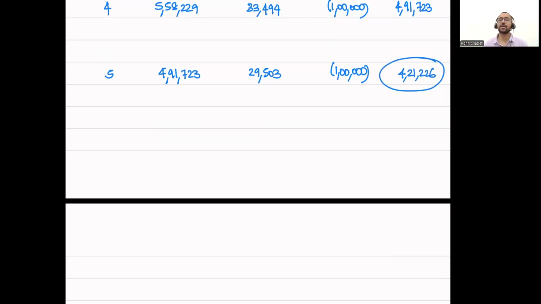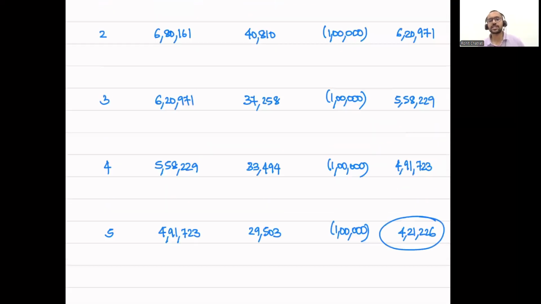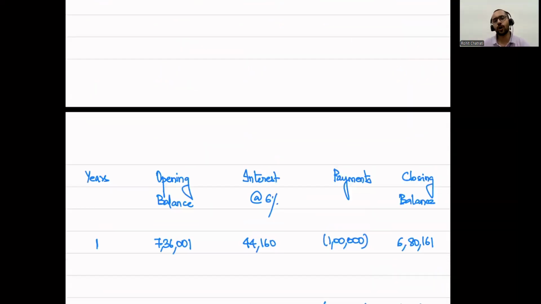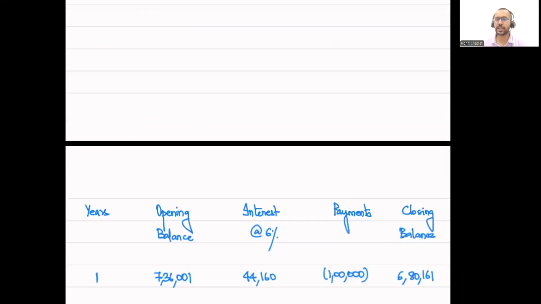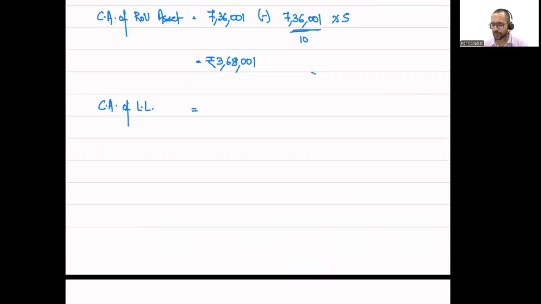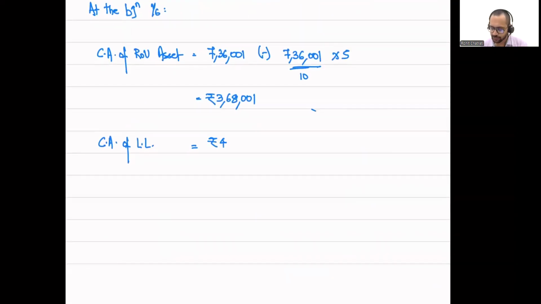So this is my lease liability at the end of year 5, or the beginning of year 6. So the carrying amount of the lease liability at the beginning of year 6 is 4,21,226.